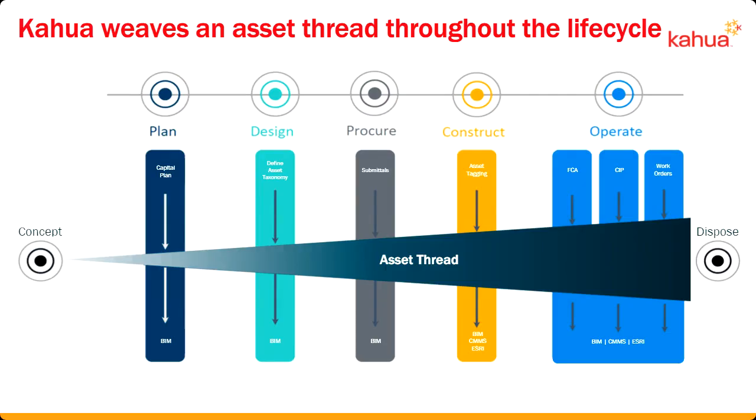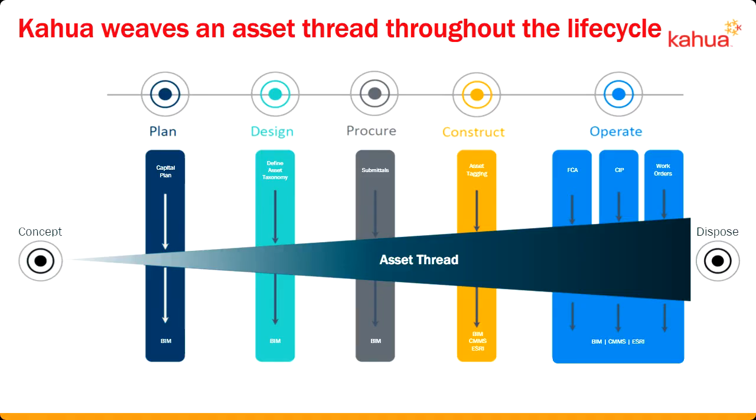So what we do with Kahua, we weave that asset thread throughout the life cycle. As you'll see today, owners are able to define their asset taxonomy and nomenclature, so you can determine what you want to call your assets and what attributes you want to collect. And why this is important is because you can then keep track of that information throughout the asset life cycle.